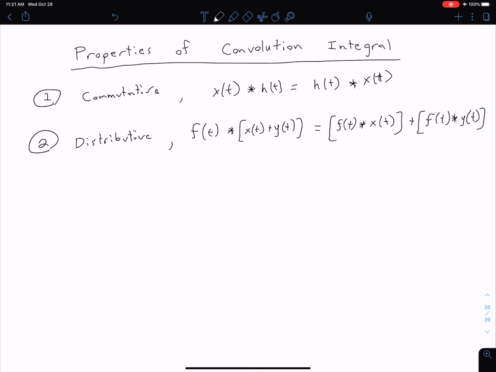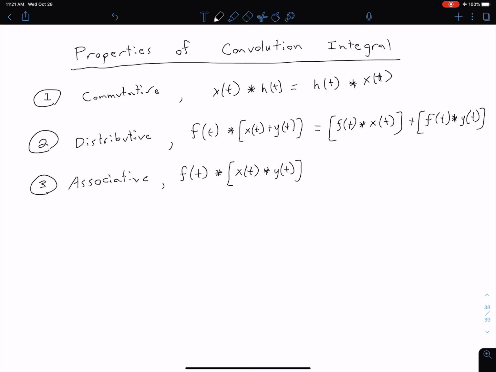The next one we're going to look at is our associative property. For our associative property, we have f of t convolved with, in brackets, x of t convolved with y of t. I should mention too that in this case our x and y and f, and our h even, are all just some general function.